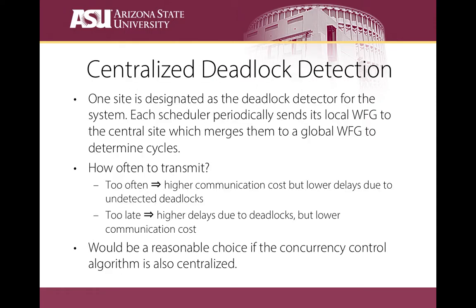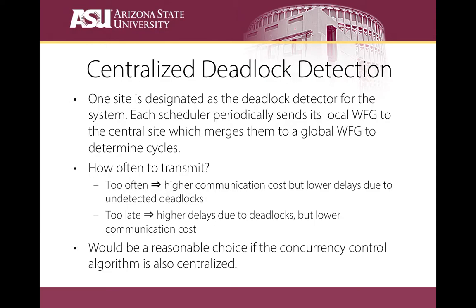So you have distributed sites, different sites, and each site has its own data processors and log manager and all these kinds of things. How can you build the wait-for graph?